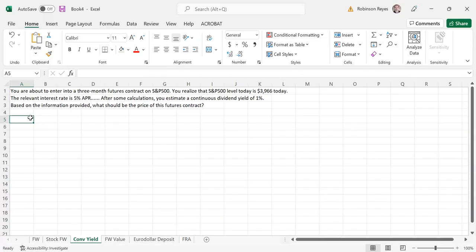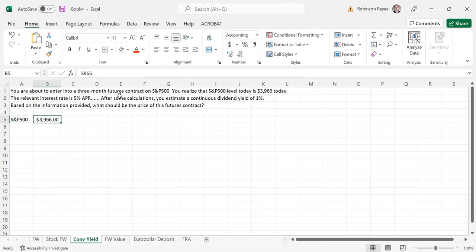For example, the level of the S&P 500 is 3,966. The relevant interest rate is 5%. Next, we have this convenience yield, the dividend yield, which is 1%.